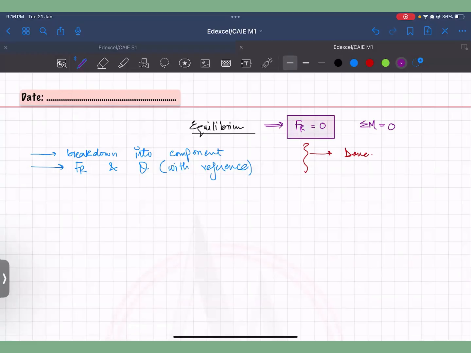This is of more concern right now, the forces in equilibrium. They would tell us that the point is at equilibrium, or the object is at equilibrium, or the car is at equilibrium, and then they will ask you to find the unknown values.